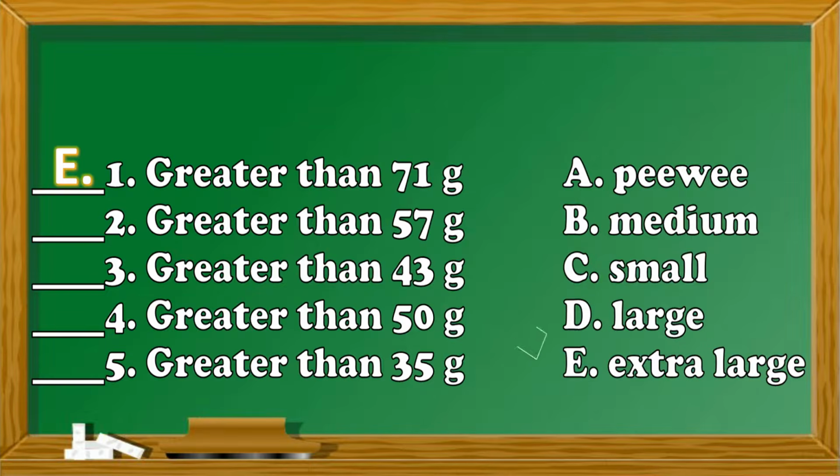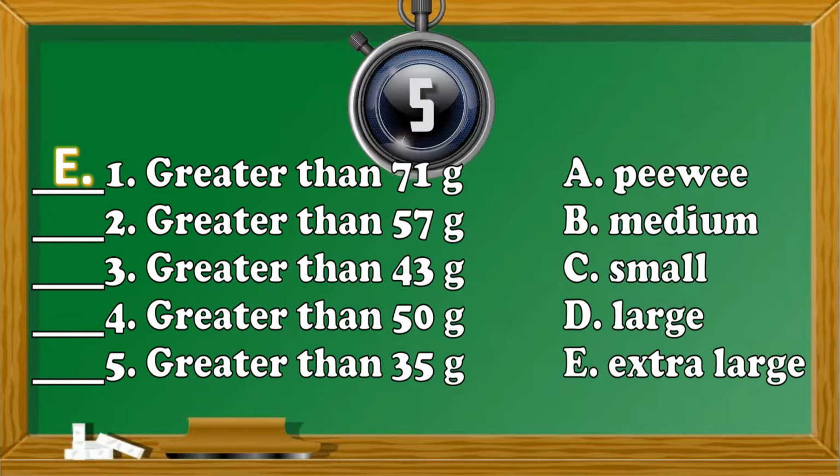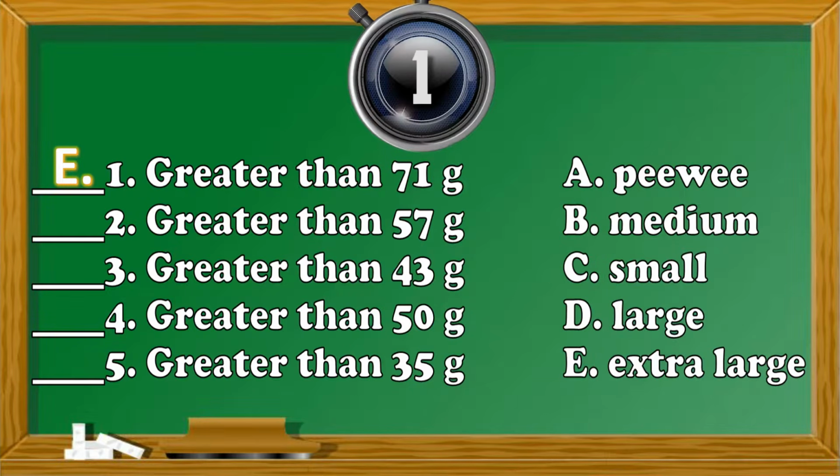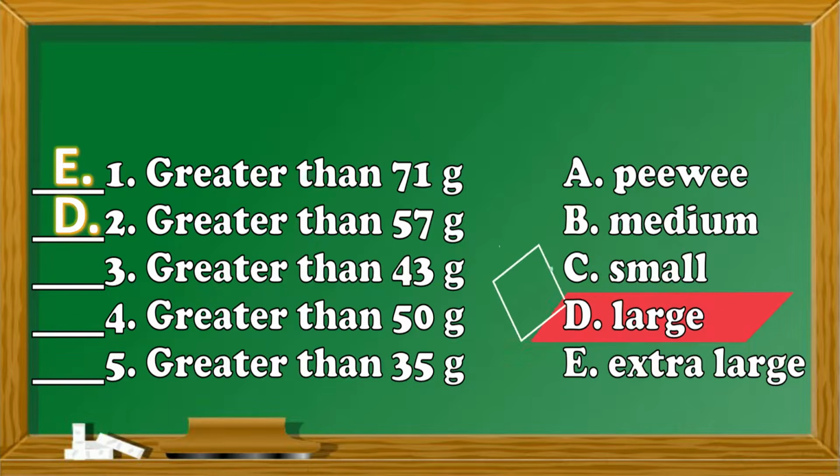If your answer is E, extra large, you are correct. How about if the egg is greater than 57 grams? You are right if your answer is letter D, large.